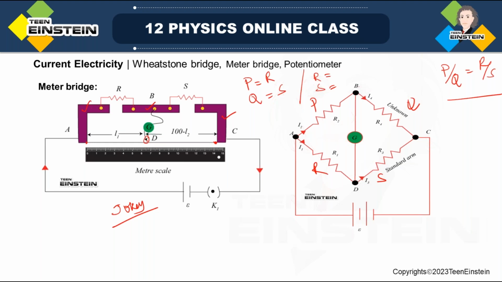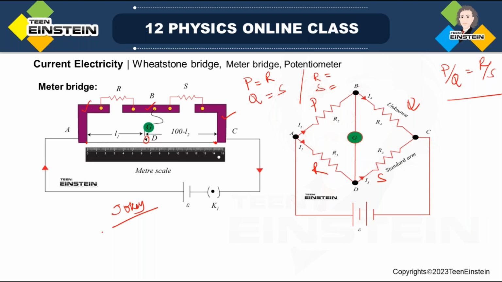This is the jockey which can slide over the wire. Why do we need to slide? Because we need to find the balance condition. Suppose it is balance condition at point D. It is showing balance condition at point D.